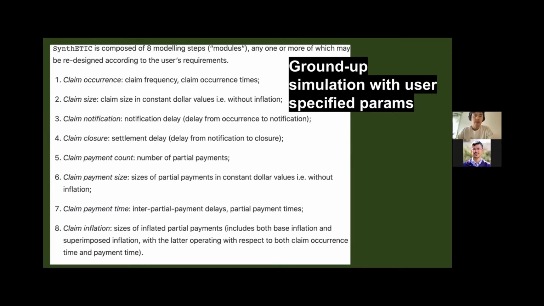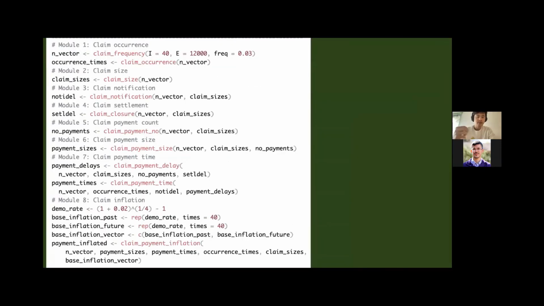Again, each process that contributes to the life cycle of a claim is a model. I don't think that they use neural nets; it's actually stochastic processes. And the user has a lot of flexibility as to what each process looks like.